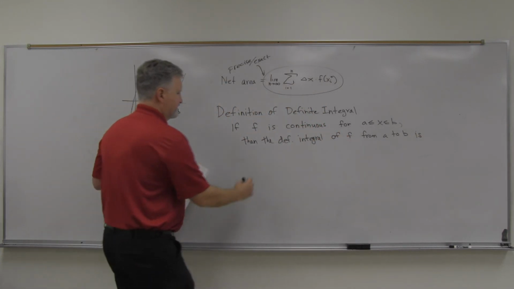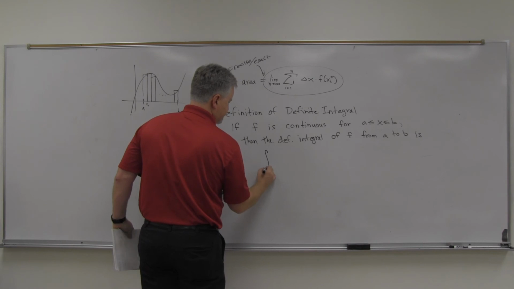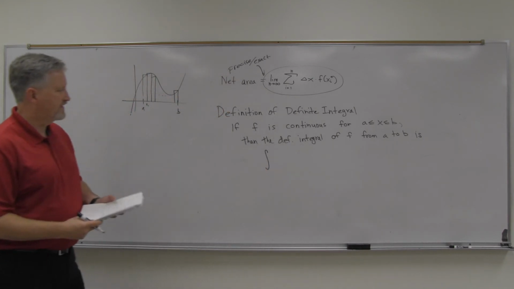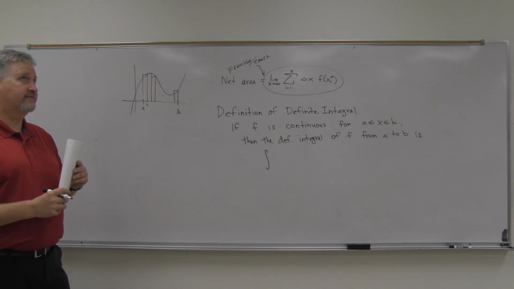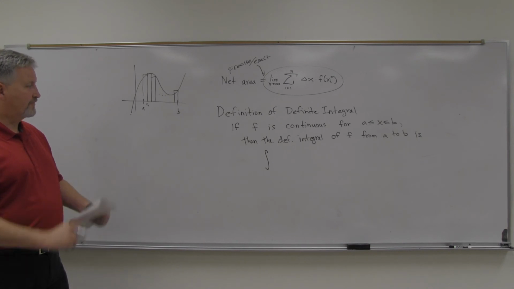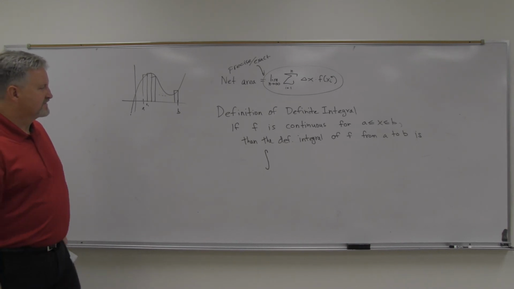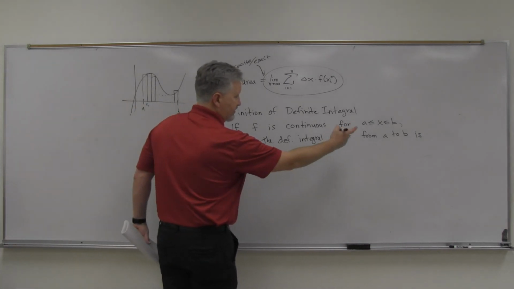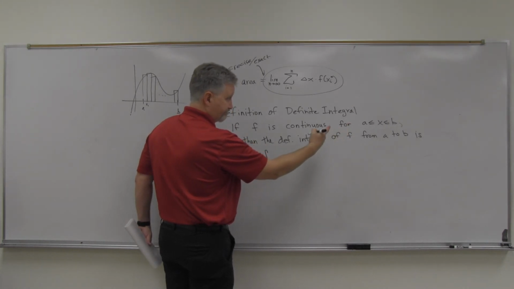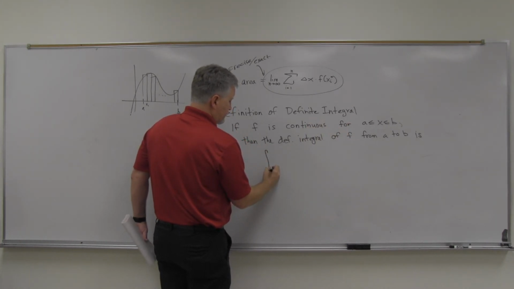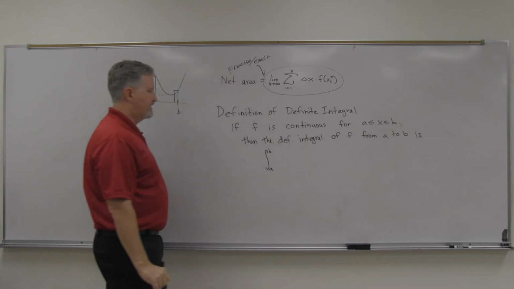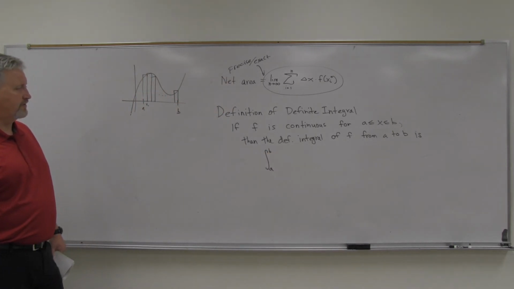First of all, the notation. It's the integral symbol, if you haven't seen it before. It's kind of an elongated, narrow S-looking thing. Your endpoints, the a goes here as a subscript, and the b goes as a superscript on it.